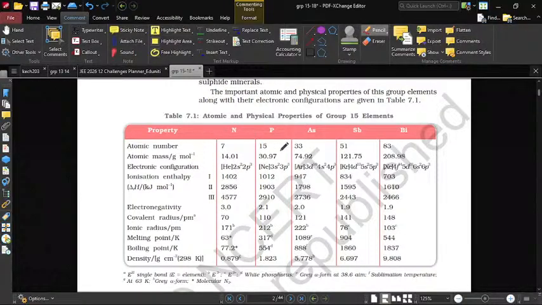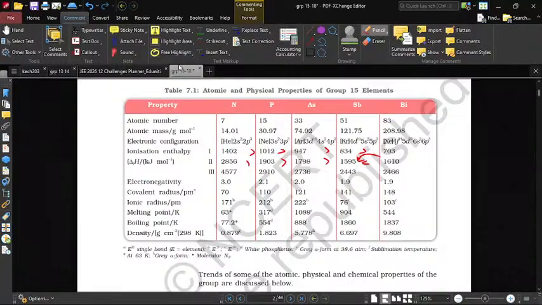So atomic number, atomic mass, then electronic configuration, ionization enthalpy, it is decreasing. डायरेक्ट ट्रेंड है, कोई एक्सेप्शन नहीं आया यहाँ पे अभी. फिर आयनाइजेशन एंथैल्पी भी ट्रेंड है, लेकिन बिस्मथ की अचानक से बढ़ गई. ये ऐसे आ गया मतलब. हम्म. और एक मिनट रुको, ये क्यों देखना है, सिर्फ फर्स्ट देखेंगे ना.